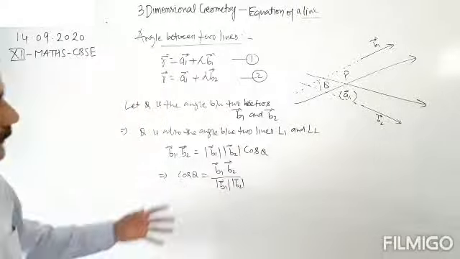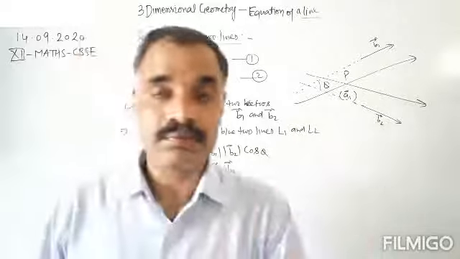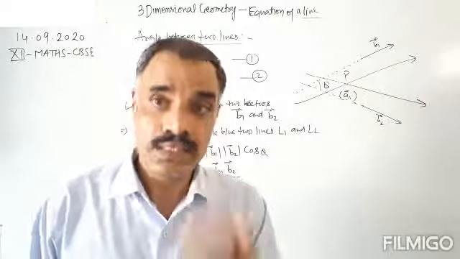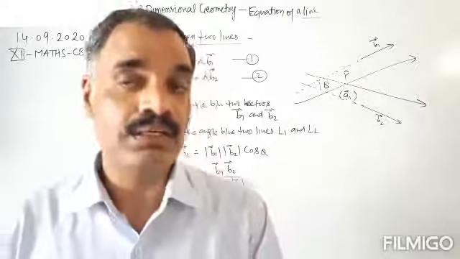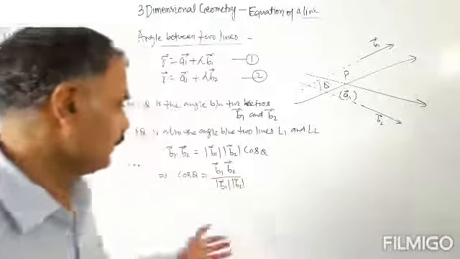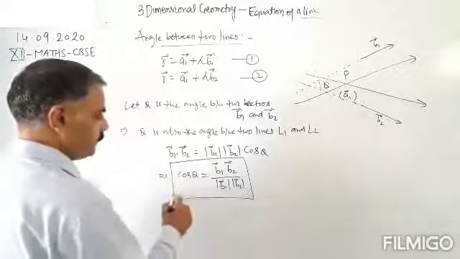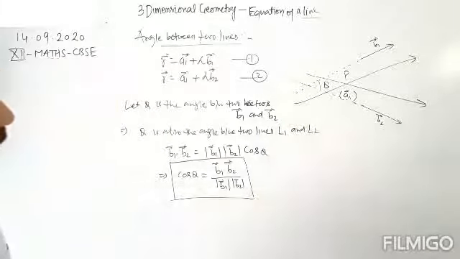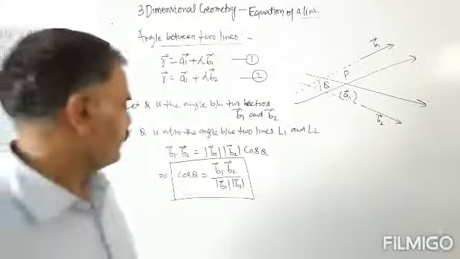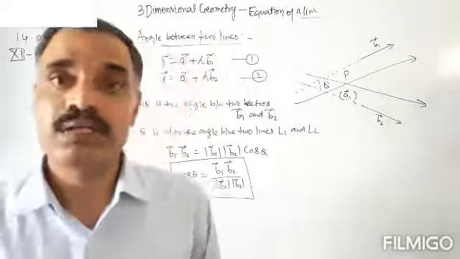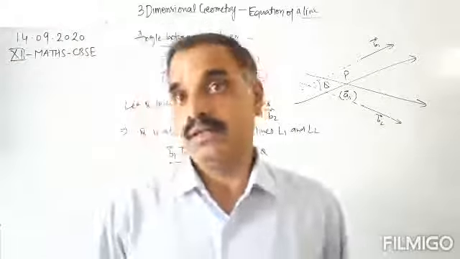So this is the angle between two vectors b1 and b2, or the angle between two lines L1 and L2. So the angle between two lines in vector form is given by cos theta equal to b1 vector dot b2 vector divided by magnitude of b1 vector times magnitude of b2 vector.